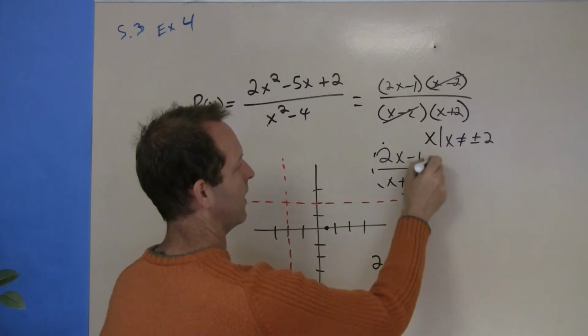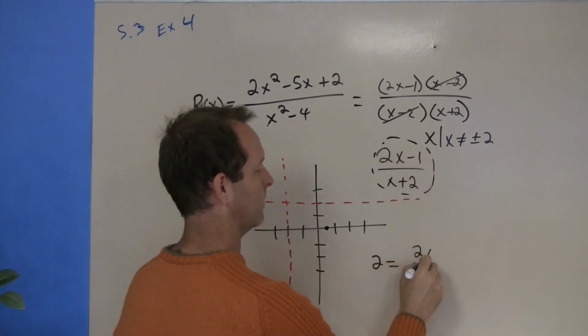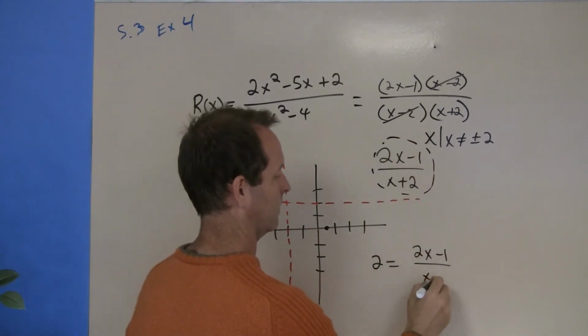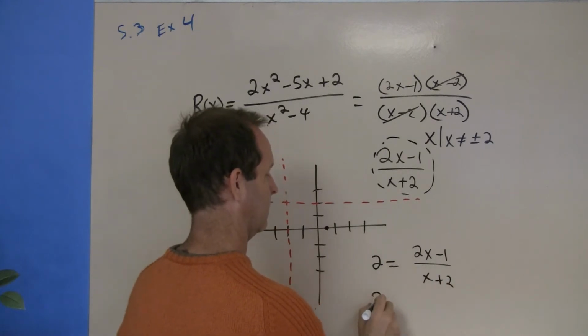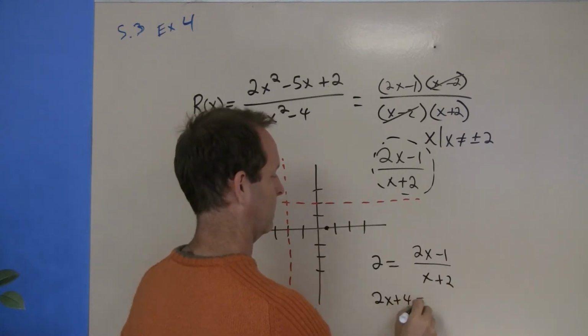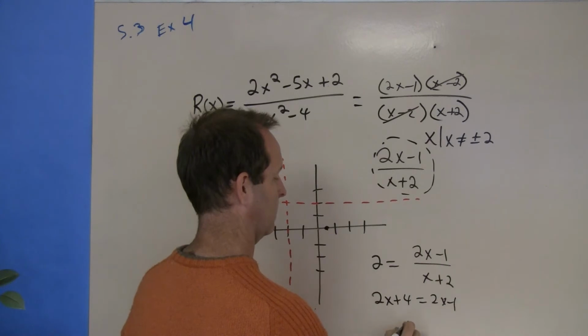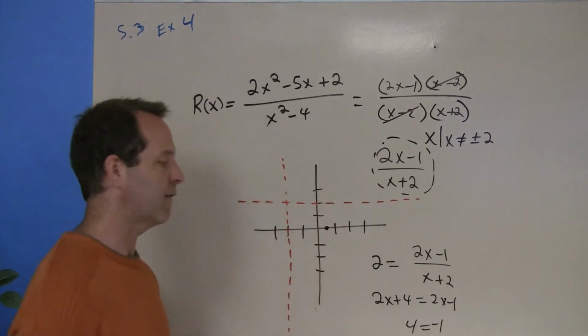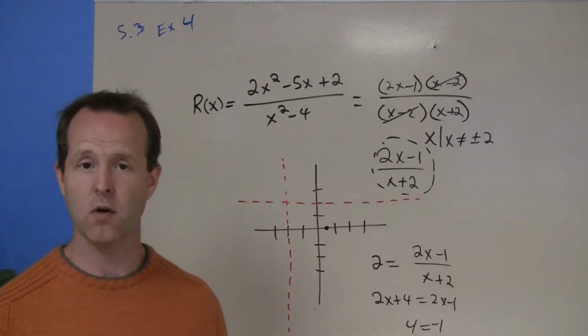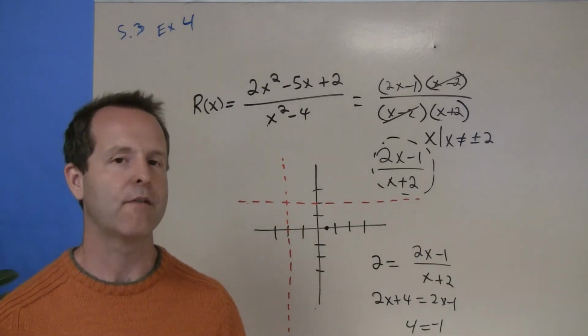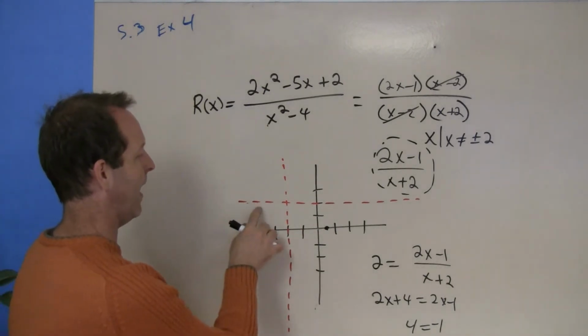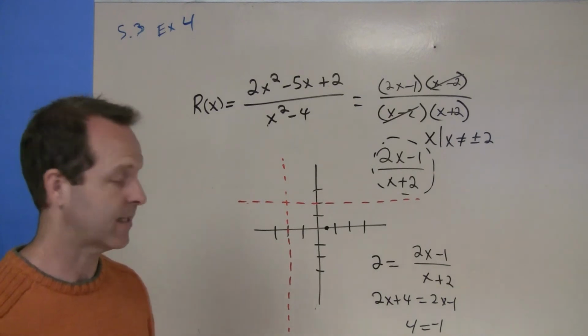I reduced my function down, so I'm using that one. And I see that 4 equals -1, which is a false statement. So therefore, I do not have a place on this graph that will pass through that asymptote. So there's no pass-through.